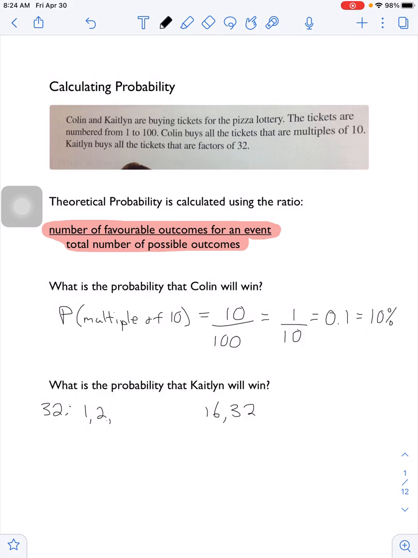So 3 is not a factor, but 4 times 8 is 32. 5 doesn't work, and 6 doesn't work, and 7 doesn't work. So there's 6 factors of 32.